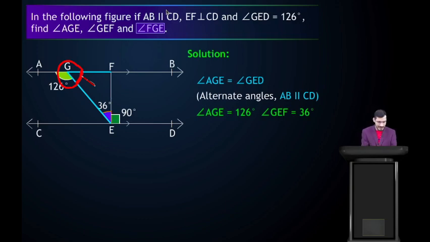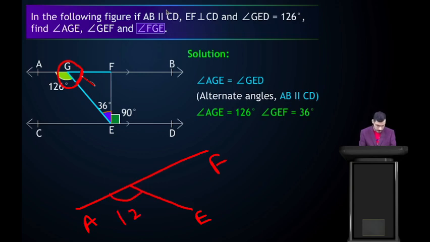You can see here AF is a line, and point G and E, that is a line. Angle AGE is 126 degree. Now tell me the value of FGE.